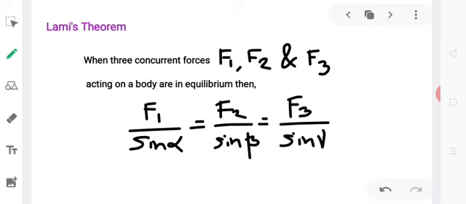Lamy's theorem. An important result follows when three concurrent forces are in equilibrium. This result was studied first of all by Lamy and is therefore called Lamy's theorem.